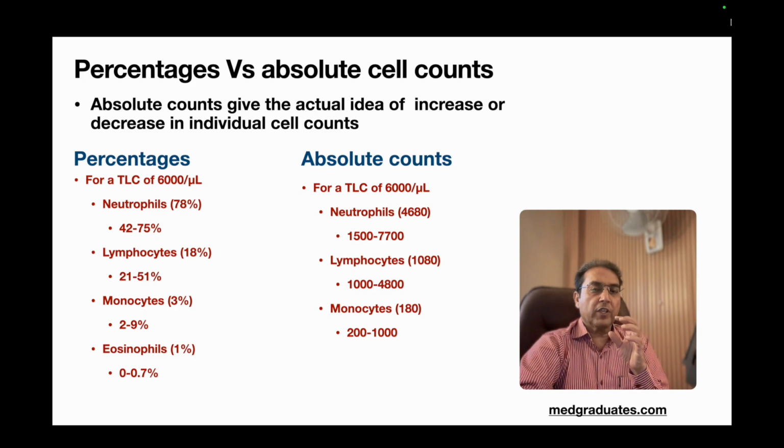There is no neutrophilia, no lymphopenia, there may be slight monocytopenia. And the eosinophil count appeared slightly high, but it is only 60, which is normal. Normally between 30 to 350 eosinophils are present in the circulation. So you can see the percentages may sometimes be misleading. So see the absolute count of the cells.